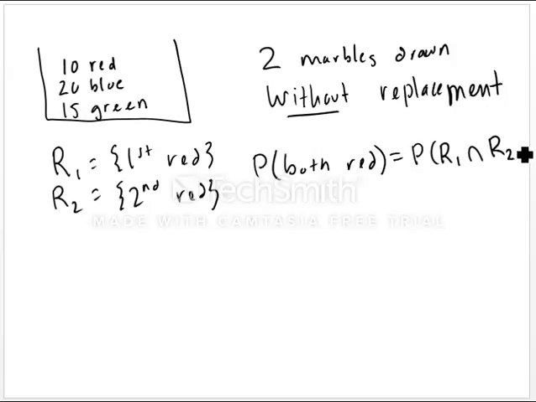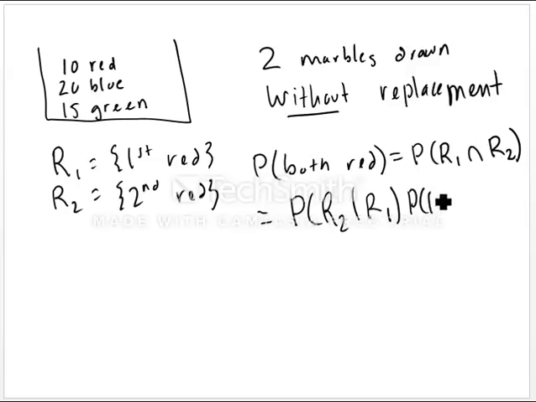Notice, application of the multiplication rule would give us the probability of R2 given R1 times the probability of R1. I could have said it's the probability of R1 given R2 times the probability of R2, but that doesn't actually make sense here. Let's continue this on the next video.